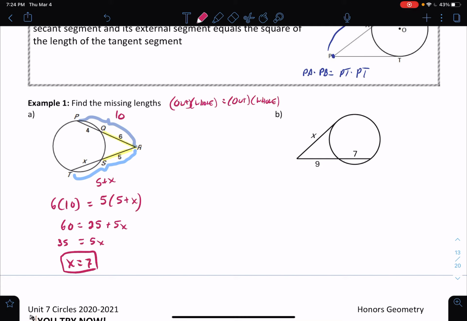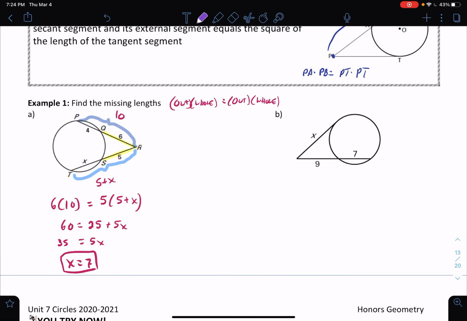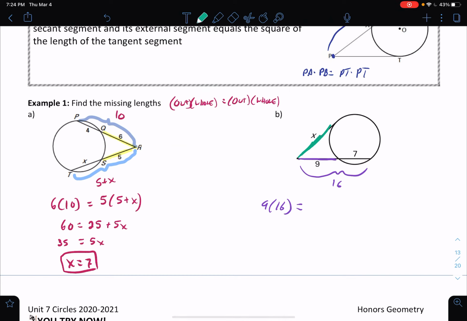What about in part B? In part B, we have a secant and a tangent. So in the secant, the outside part is 9, but the whole part is 16. So we get outside times whole equals, in the tangent segment, the outside part is x, and the whole is also x.